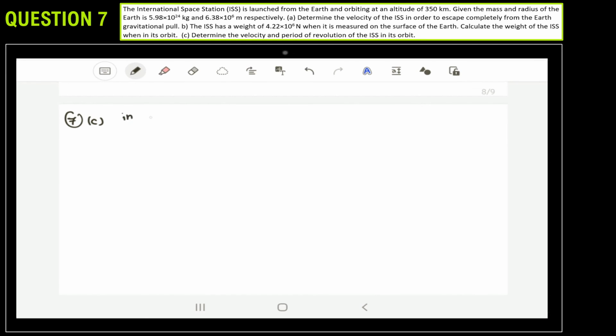So in its orbit, R is equal to what we calculated earlier, RE plus H, is equal to 6.7 exponent 6 meter. Now we want to find the velocity of the ISS when moving in its orbit. So V is equal to square root GM over R. We can straightaway use the equation.